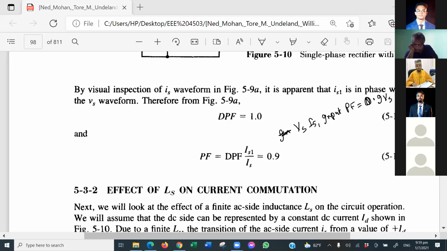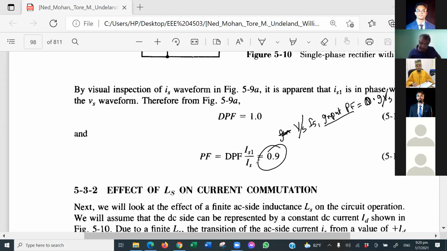The Vs cancel, so 0.9 IS divided by IS1 is equal to the input power factor.